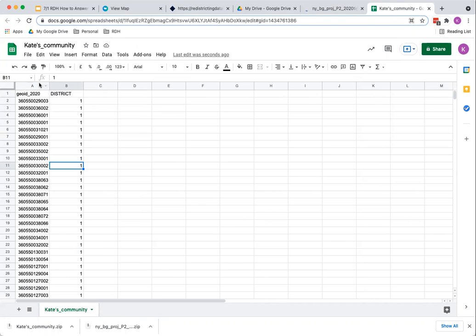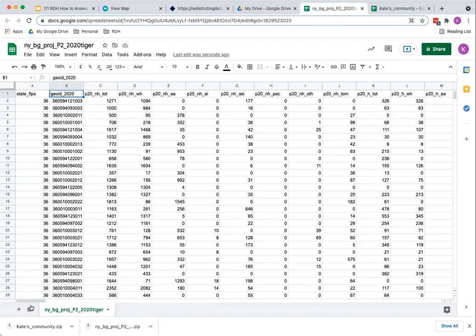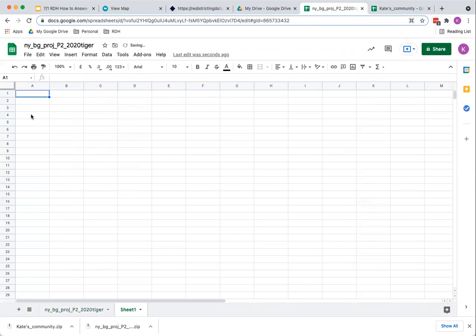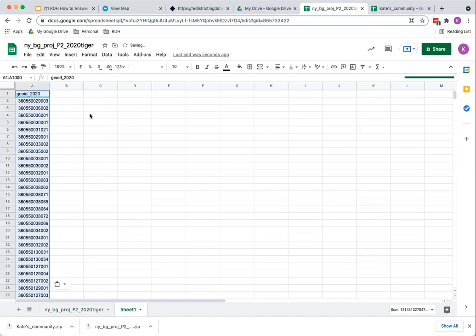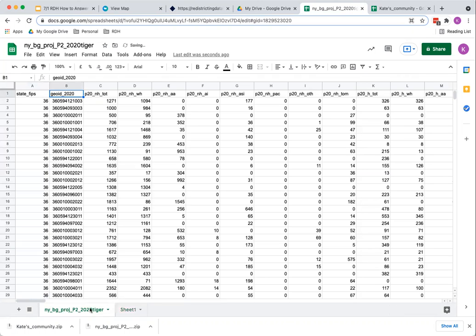The other piece of cleanup I am going to do before we actually merge this data and begin to answer questions is I am going to copy this column and I am going to paste it in a new tab in my population projections sheet. It is possible to do this exercise with the data in 2 separate sheets rather than 2 separate tabs in the same sheet.